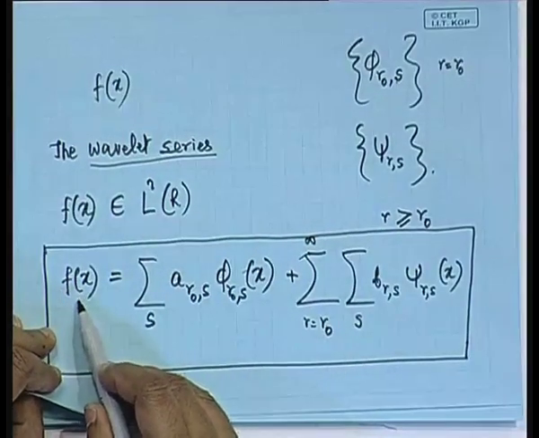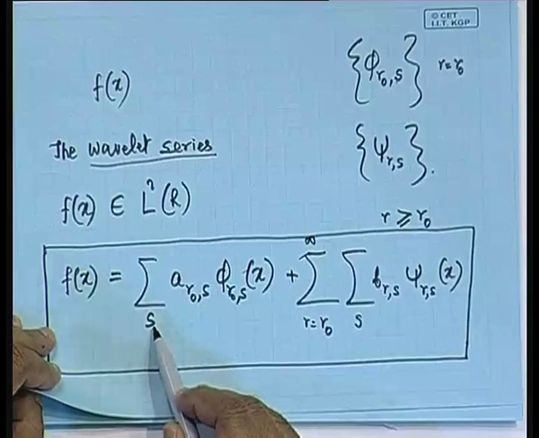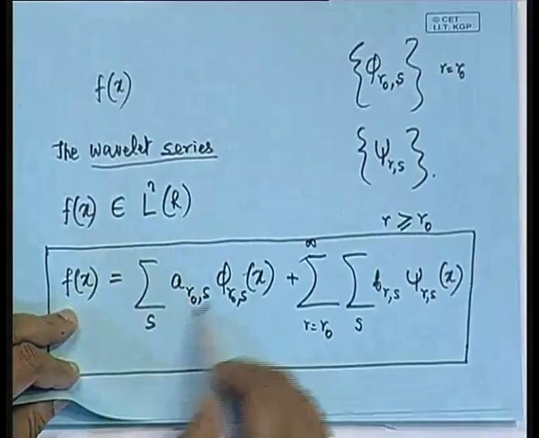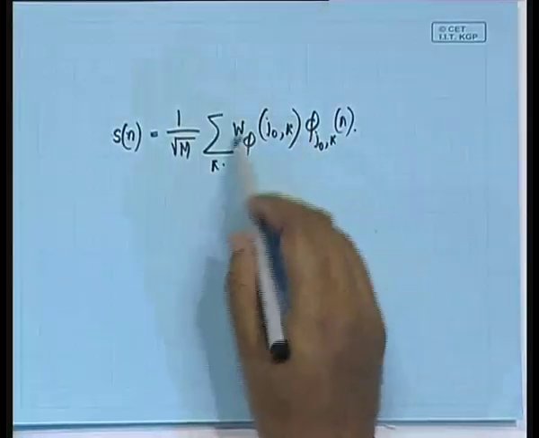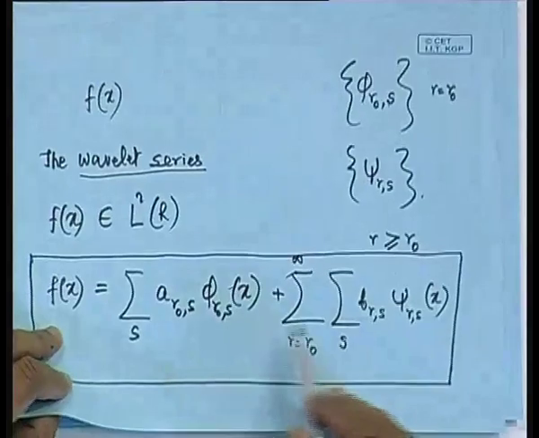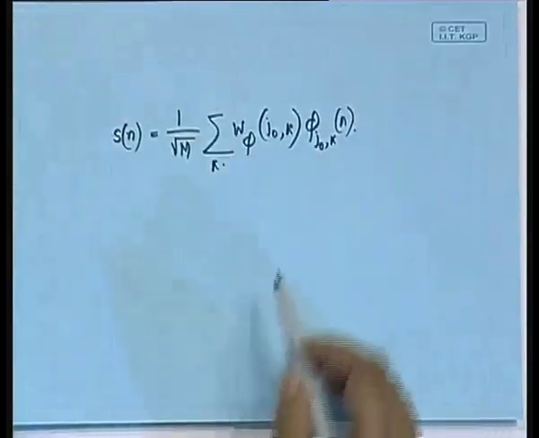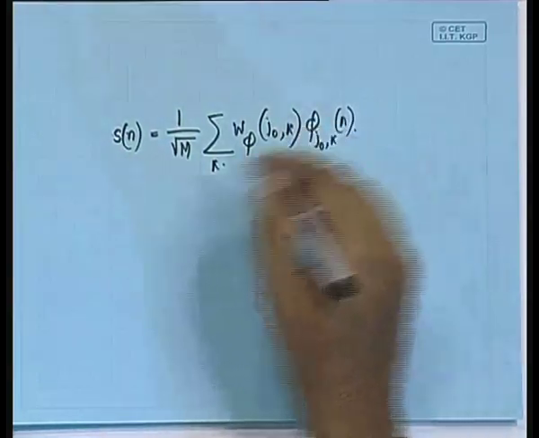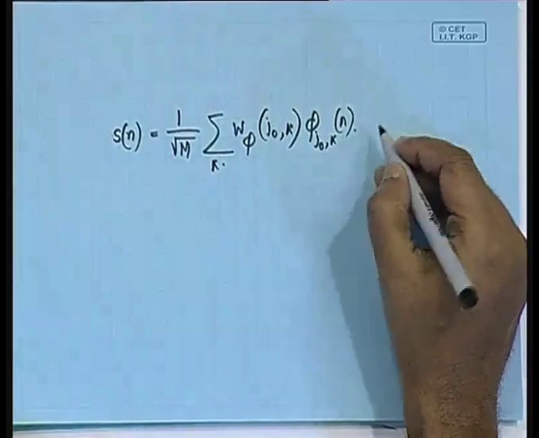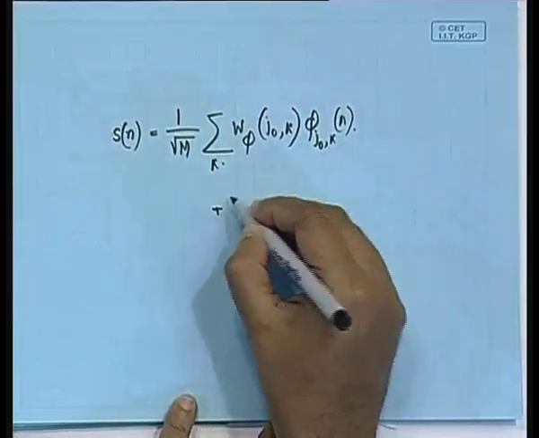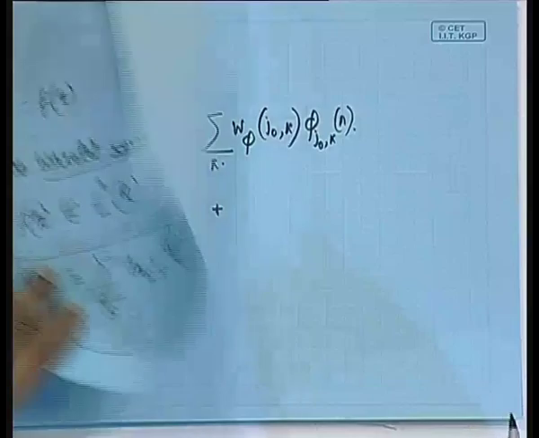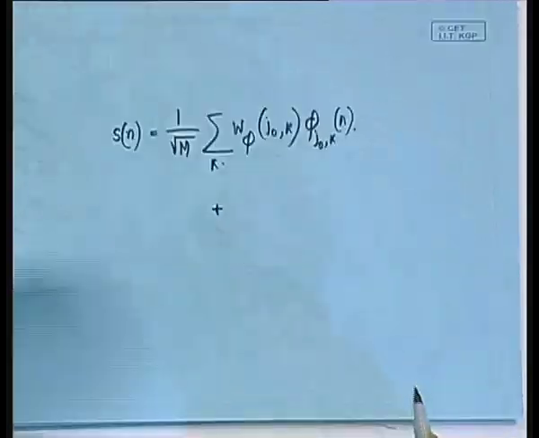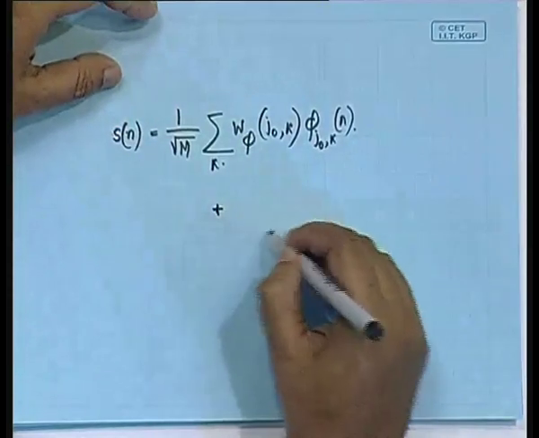F x is replaced by S n. This S now we are calling it as k. A r 0 s now we are calling it as w phi j 0 k, and phi r 0 x we are now calling as phi j 0 k n. So, this is the scaling function quantity, and the wavelet function quantity will be just like the way we had here a double summation. In this case also we will continue to have a double summation.